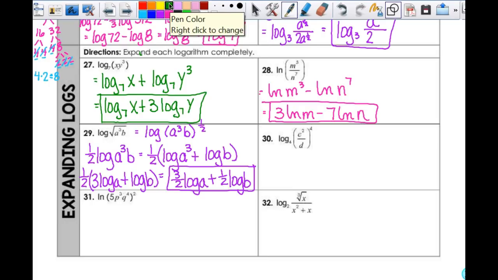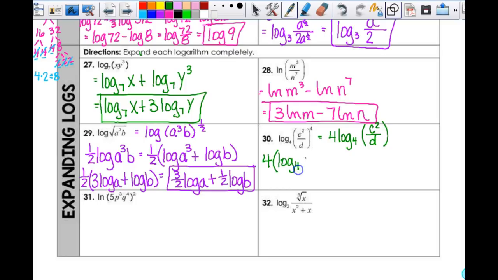So this 4 is going to start by coming out into the front here. So this is going to give me 4 times the log of 4 c squared over d. Then that is going to be 4, and I can expand this part in here, log base 4, sorry, of c squared minus log base 4 of d.